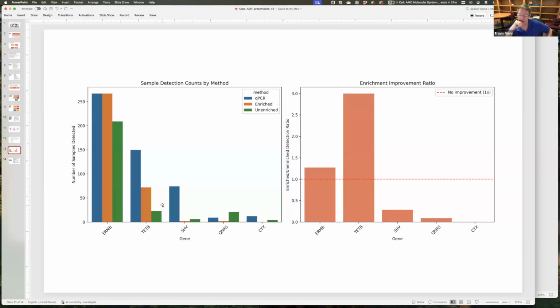Is it the same for a MiSeq versus a NovaSeq? Maybe, maybe not. MiSeqs, remember, for 1,000,000 reads are about $100 per million. NovaSeq can be down as low as $1 per million.